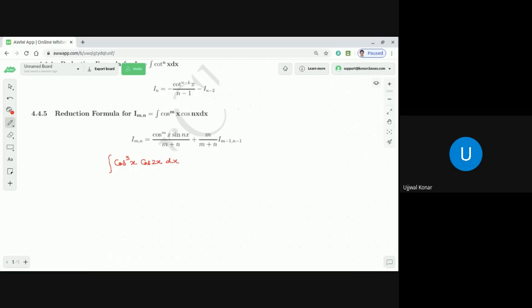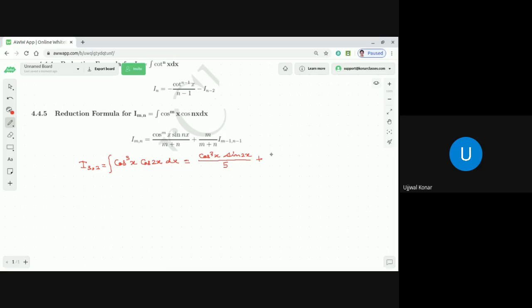What is the value of m here? 3. And what is the value of n here? 2. So that becomes your I_mn, it becomes I of 3, 2. Now just apply the formula. It is cos to the power m x, that means cos cube x into sine n x, sine of 2x, divided by m plus n, that is 5, plus m by m plus n.